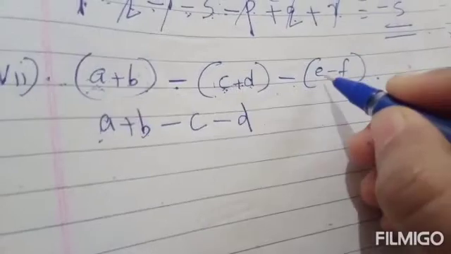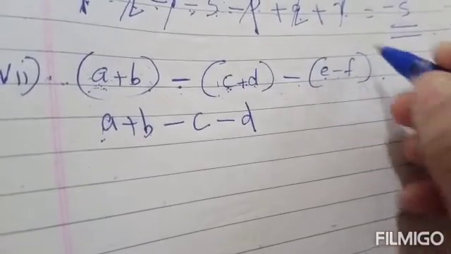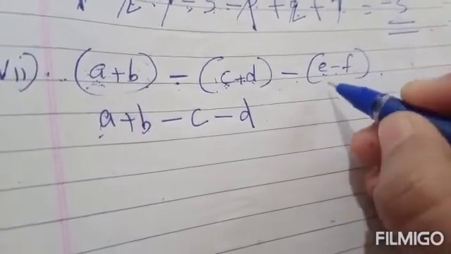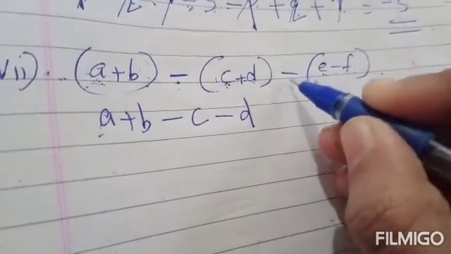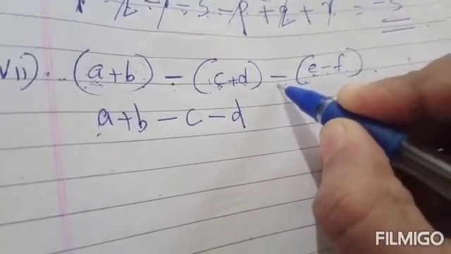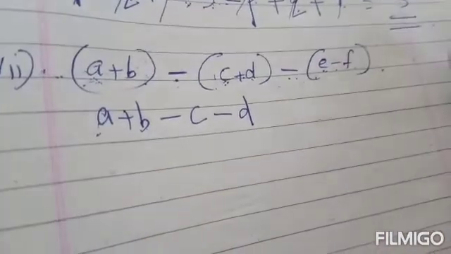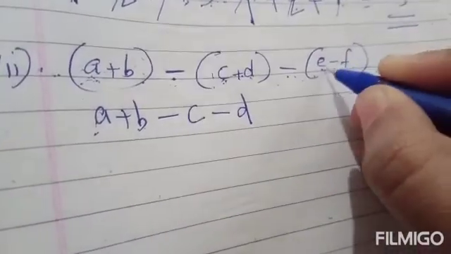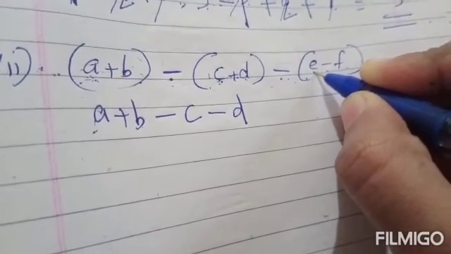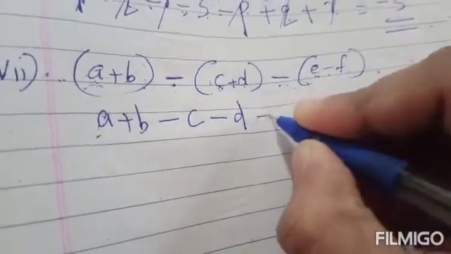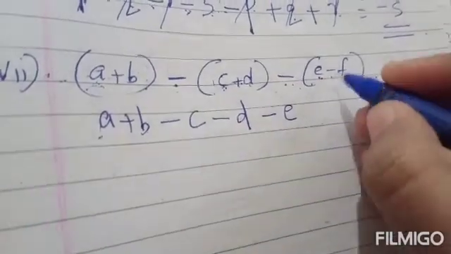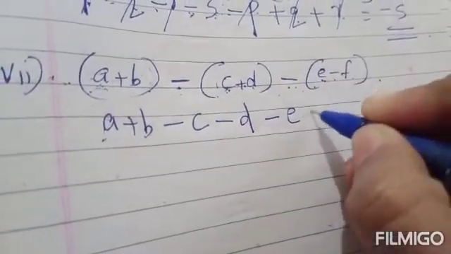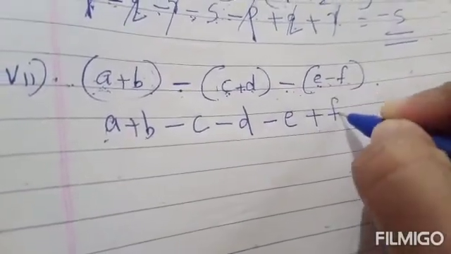Okay. Now e minus f. Before this third bracket, minus sign is coming. So what to do? Change the sign of terms inside the bracket. So e means it is plus e, so that will become minus e. Minus f will become plus f.